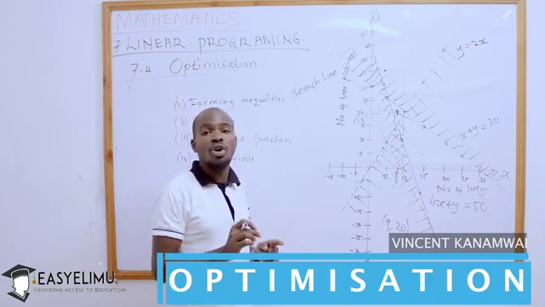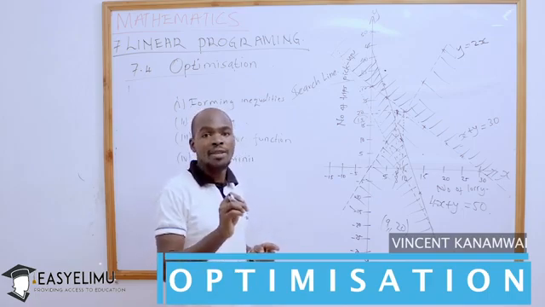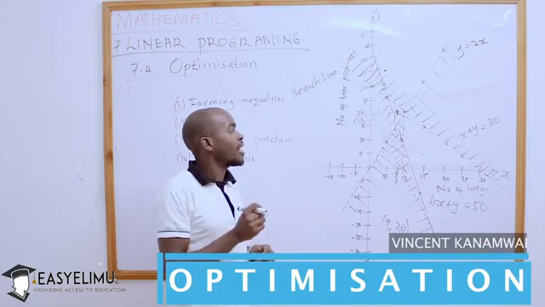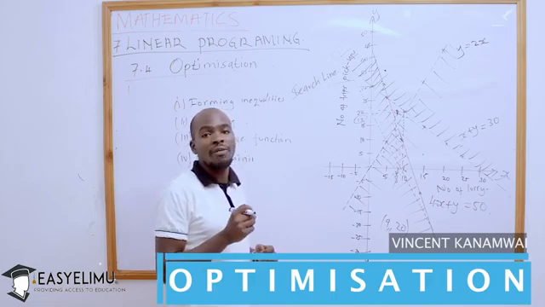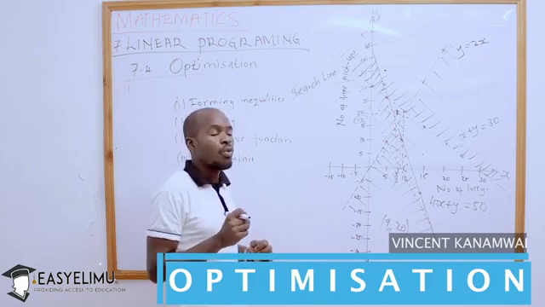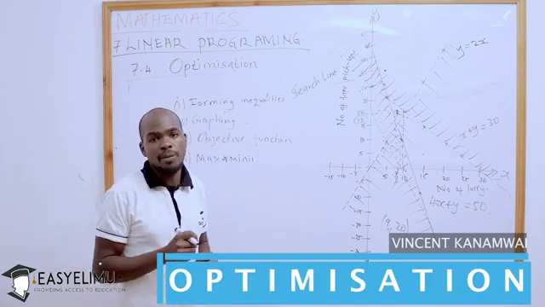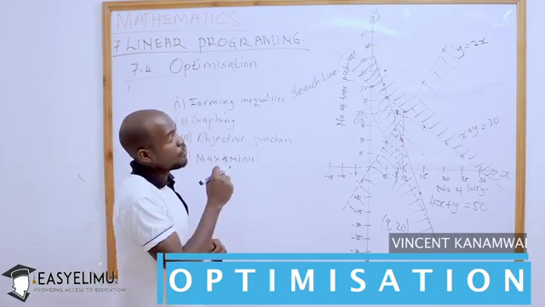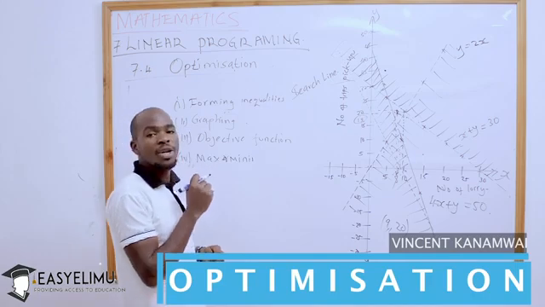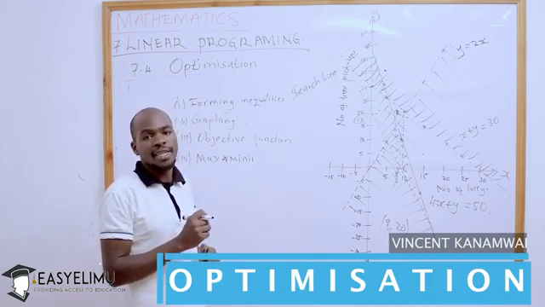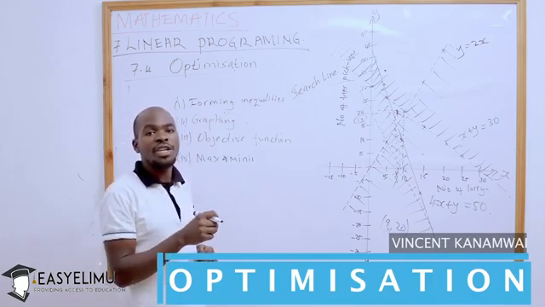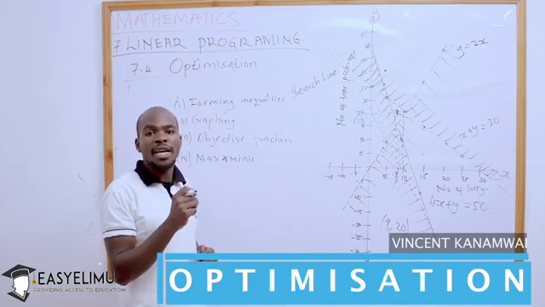Then the point which is closer to the search line and is feasible is what we shall refer to as the minimum point, where you will find your minimum expenditure. And if you find a point which is further from the search line, then that point will be our maximum point.